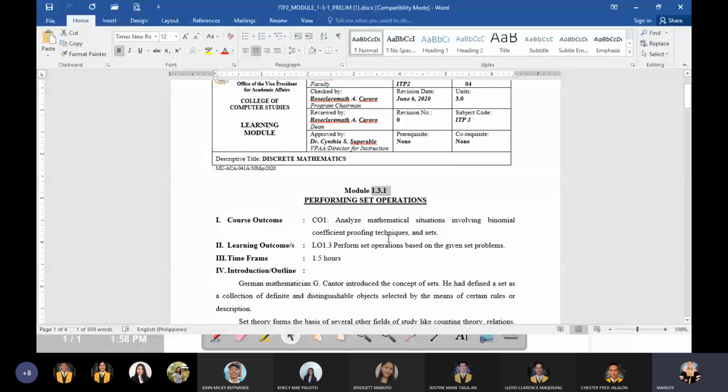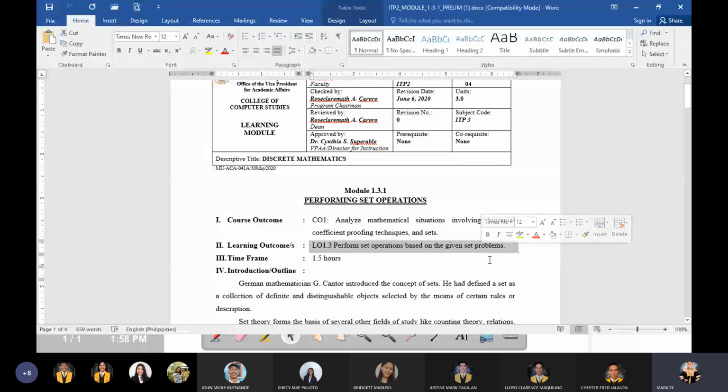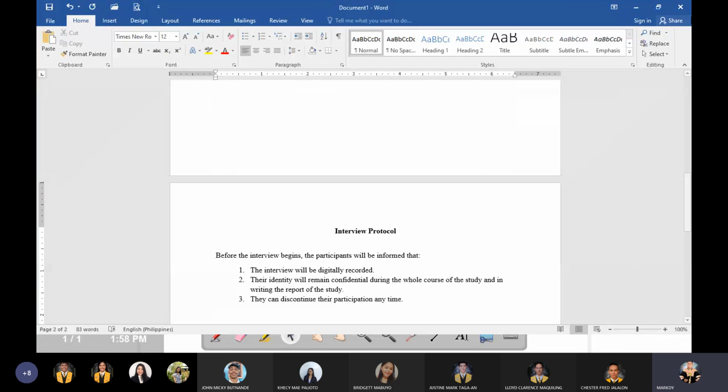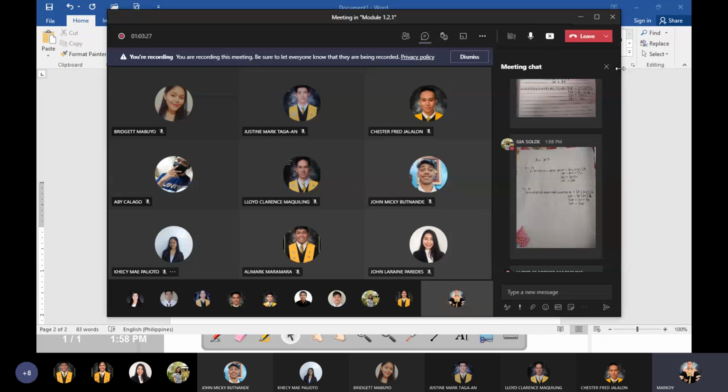So we are still on course outcome 1, that is to analyze mathematical induction, situations involving binomial coefficient, proving techniques, and sets. We are on learning outcome number 3, that is to perform set operations based on the set problems.